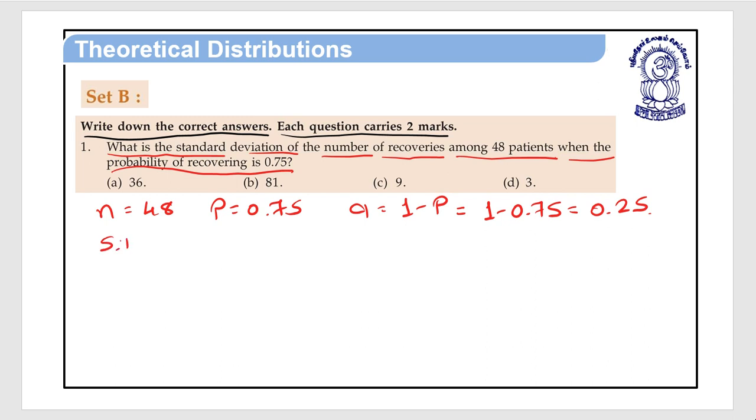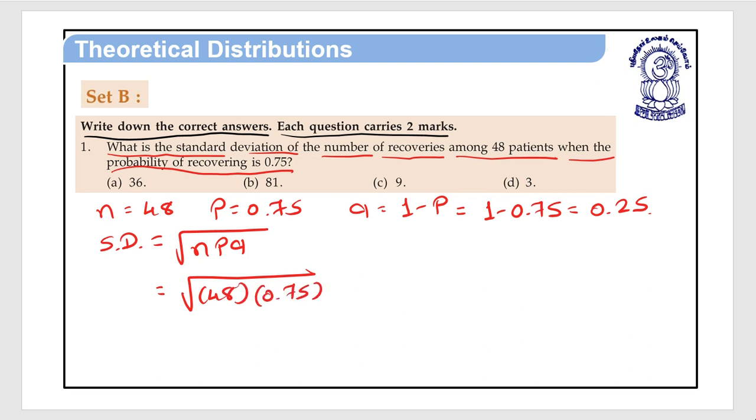Standard deviation SD formula is under root of NPQ, which is equal to under root, put the value of n, 48, p 0.75, q 0.25.